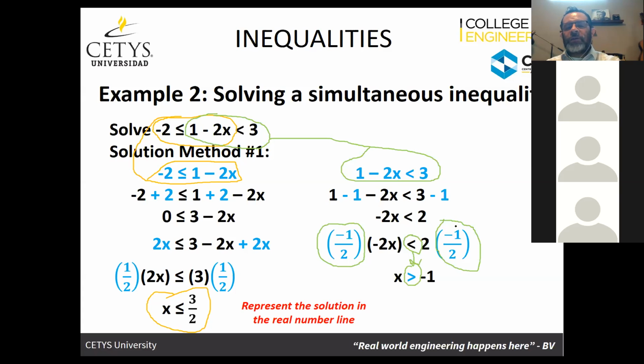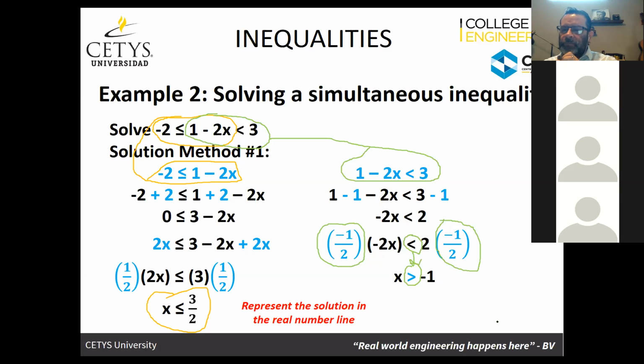So we multiply by -1/2 on each side. This gives us x and -1 on the other side. But instead of being less than, it's going to flip and be greater than. Okay, so remember, always when we're multiplying or dividing by a negative number, then we do the flip. In this case, we didn't have to do it before because the quantity we were multiplying by was positive. Okay, questions with this method or this procedure of solving?